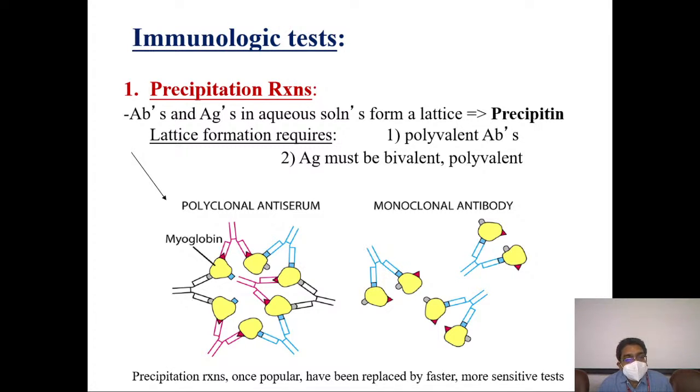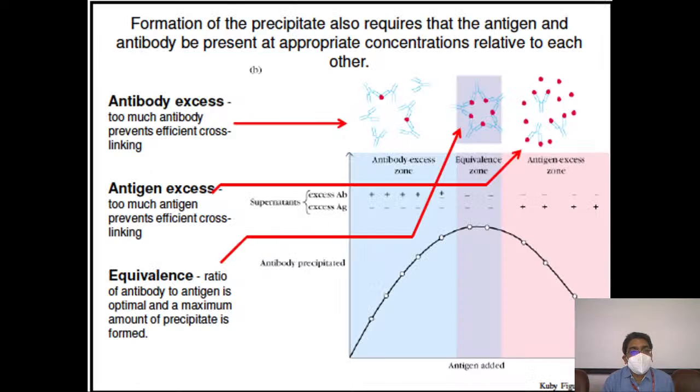In the left picture you can see the polyclonal antiserum is there, so the different valencies of the antigens are combining with the antibodies. But if there are monoclonal antibodies, they will bind to particular epitopes only, and they will not form a lattice. Precipitation reactions were once popular, but they have now been replaced by more sensitive tests.